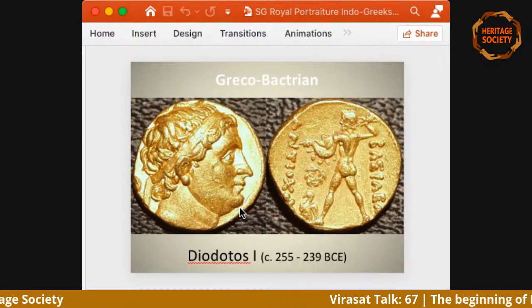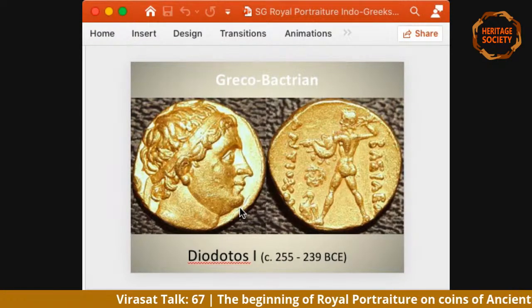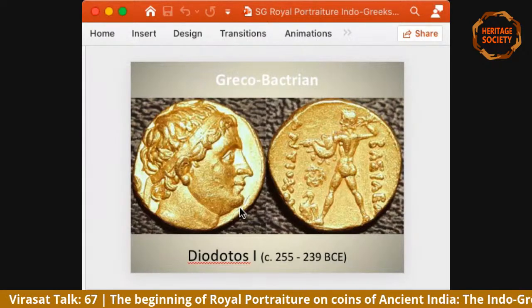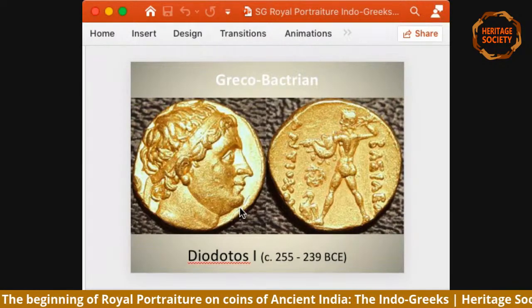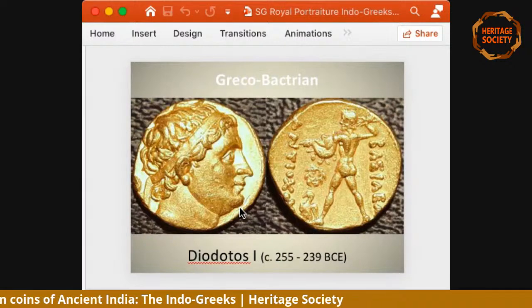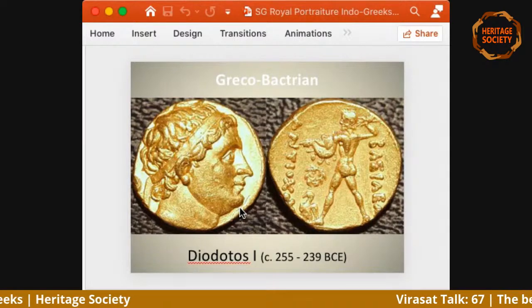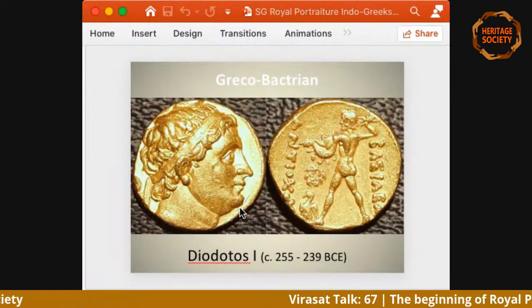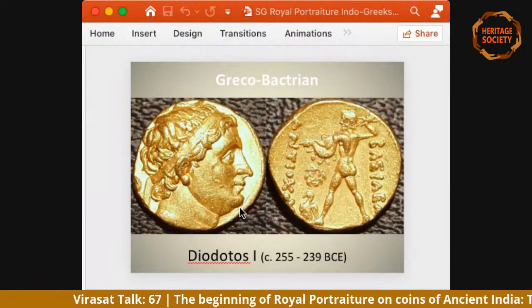So the concept of royalty and divinity is very interestingly fused on the two sides of the coin. From the divinity point of view, it has the depiction of the father of gods, and on the other side, his representative on earth, that is the ruler.